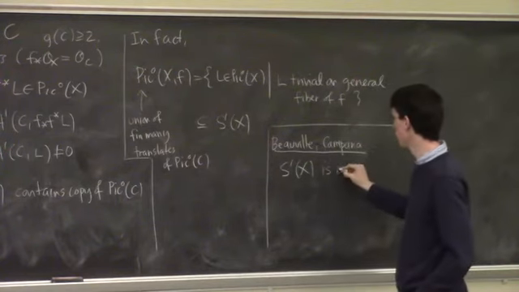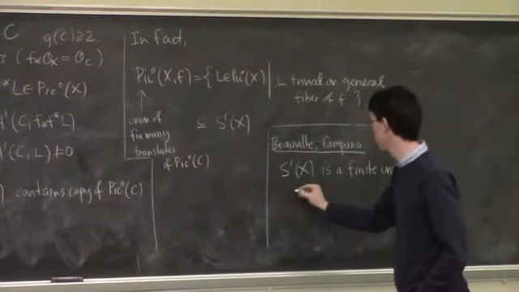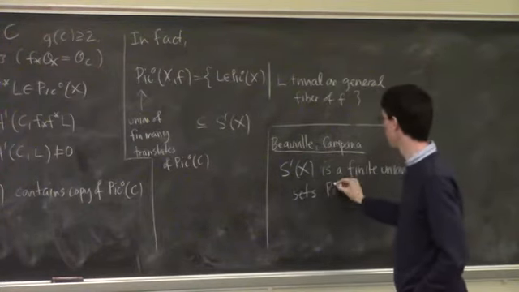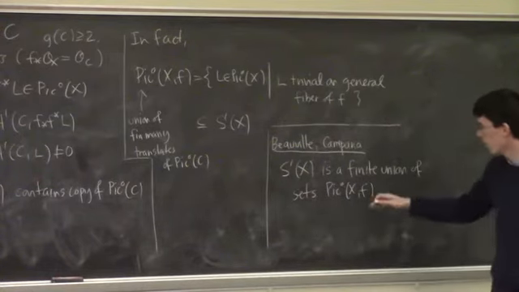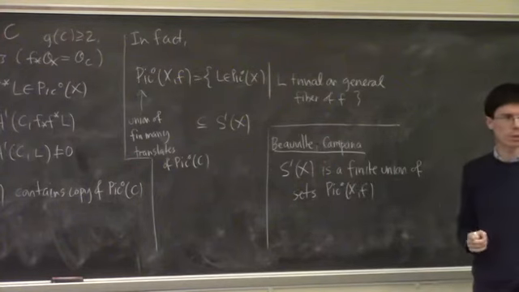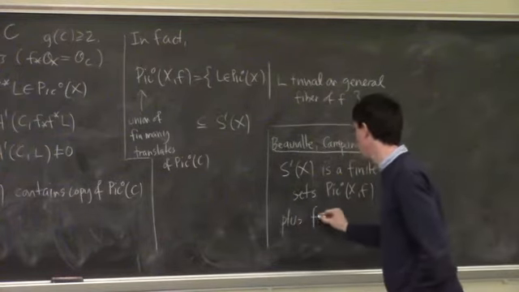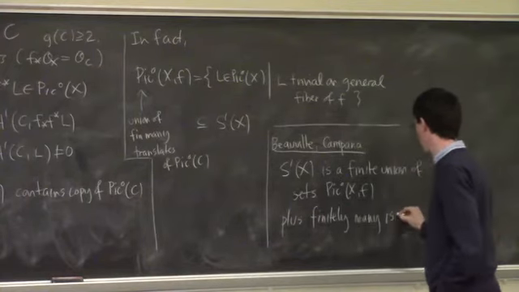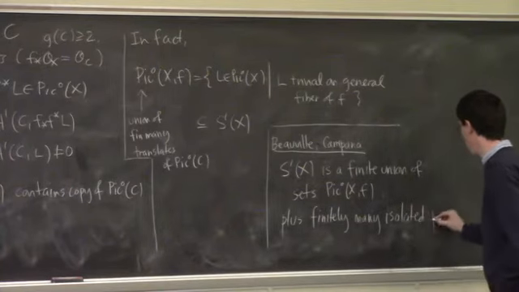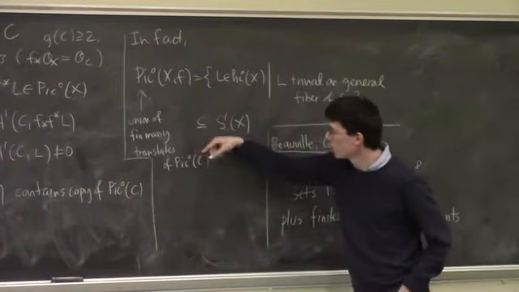So this is a finite union of sets, plus maybe some similar kind of set in the case where you map to a curve of genus 1, plus finitely many points that are somewhat different, plus finitely many points.